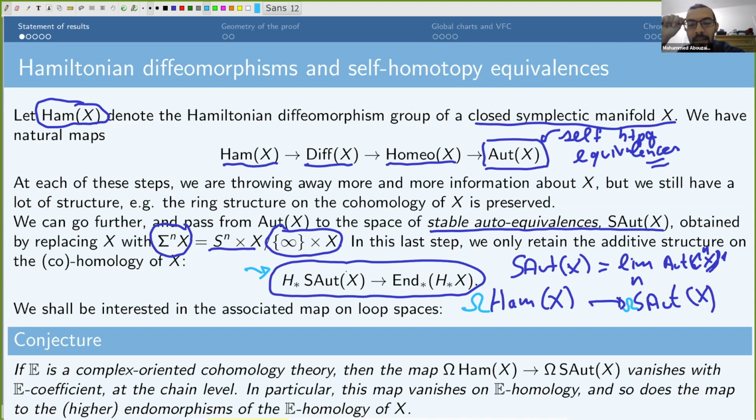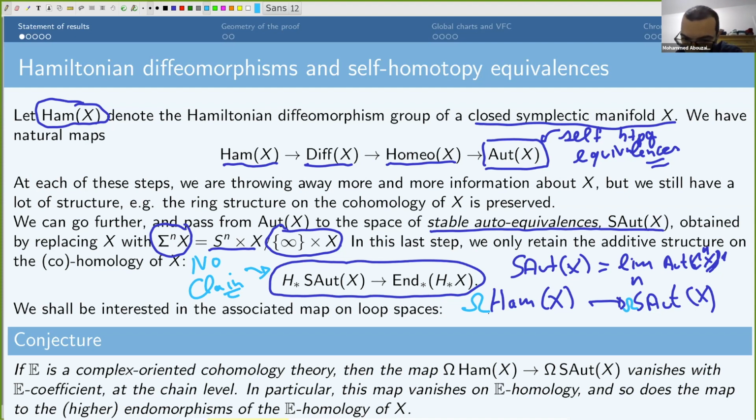I'm going to make a claim that it vanishes after passing to the loop space, but only on integral homology. Yes, I claim that it vanishes in integral homology, but not this map. Some map that's associated to loops. Is that okay? So this, I make no claim. Okay.